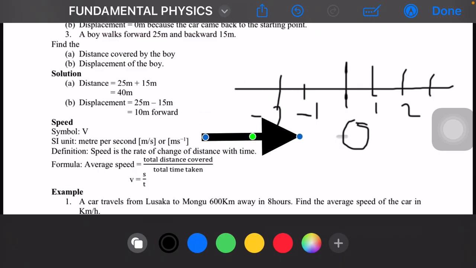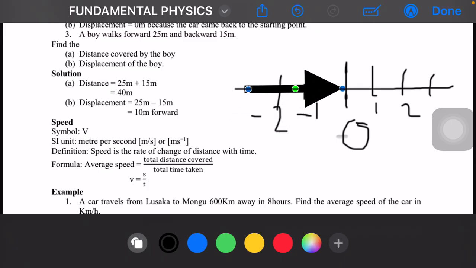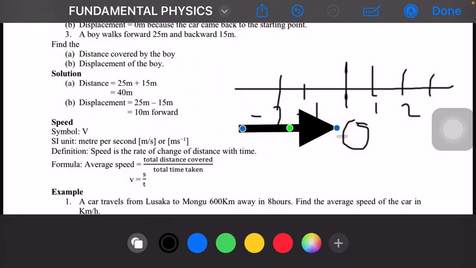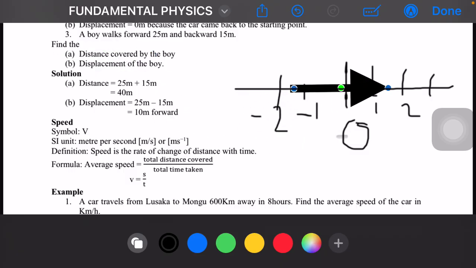So here, they have told us that the boy started from 0. Let me give an example, then we'll go back to the same question. Let's say the boy walks forward 2 meters, which means he started from here and walked up to here.